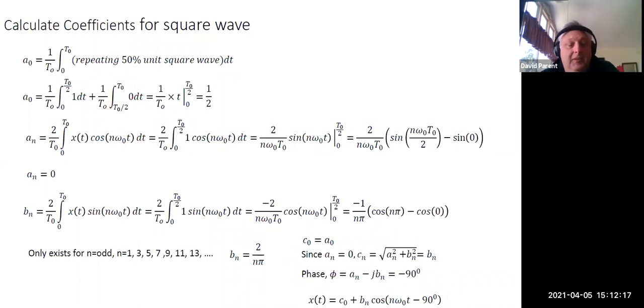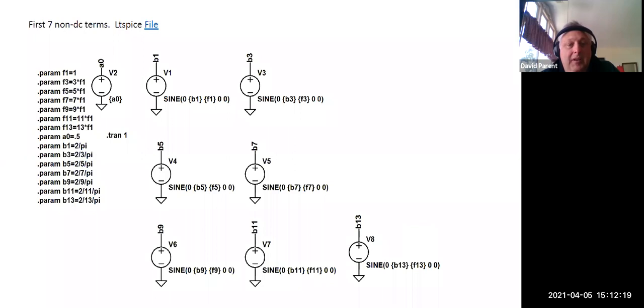Now let's see what this really looks like. I created an LTspice file, and the fundamental frequency is 1 Hertz. Then I have odd harmonics: 3 Hertz, 5 Hertz, 7, 9, 11, and 13. I set the fundamental, and then I just start multiplying it by increasing odd numbers.